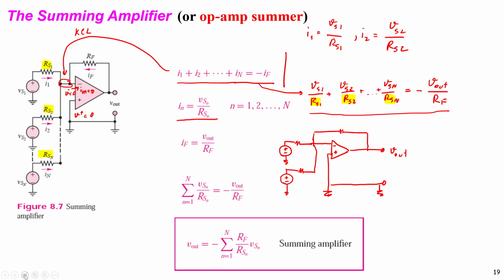So if I select RF as 10, and this is 1 and 1, and if this is 10 volt and this is 5 volt, what is V out?